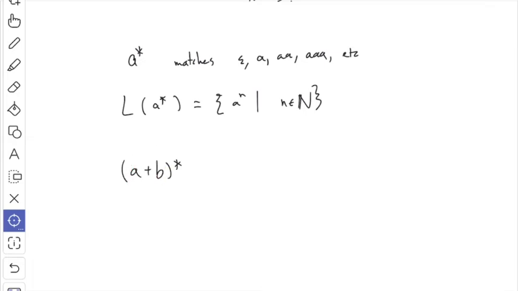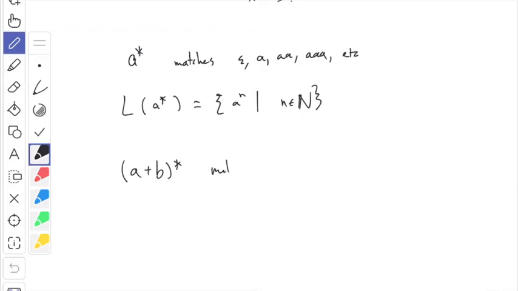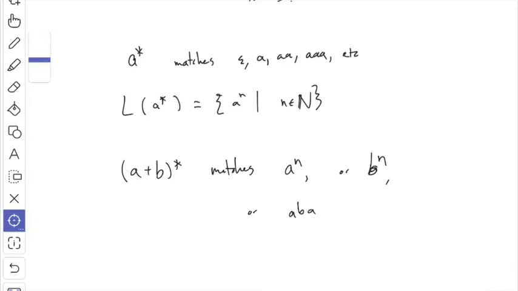So this matches anything like A to the n or anything like B to the n. But it also matches things like A, B, A. Because the star here, you imagine it just says you can do anything like this over and over again. So the first time through the star you can do the A. The next time you could do the B. The next time you could do the A. All right?